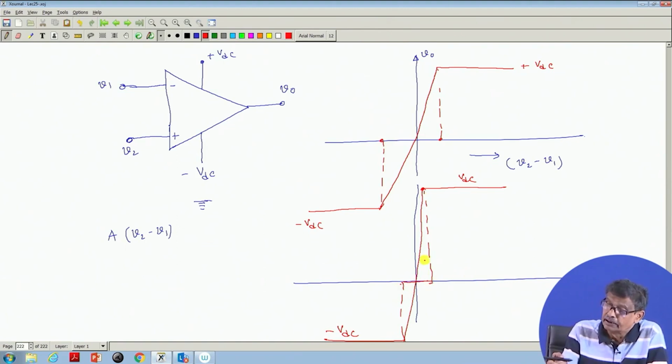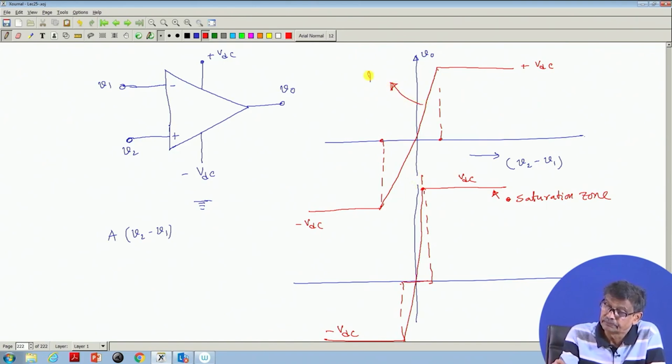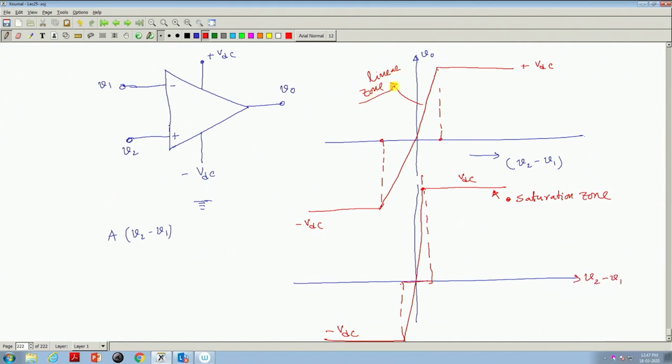Beyond this, we say the op amp is saturated, saturation zone, saturation zone, and this portion is the linear zone. Clear?